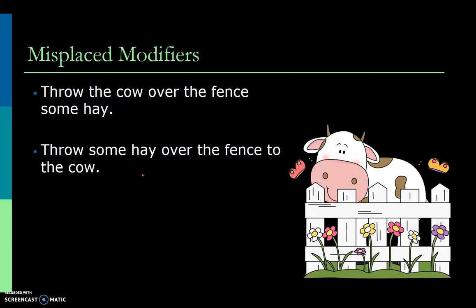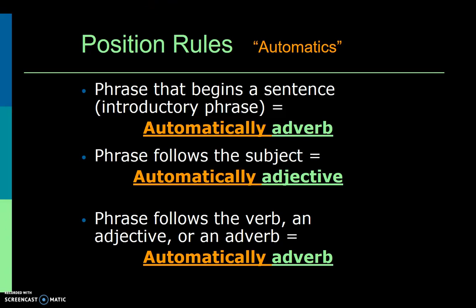Throw the cow over the fence. Some hay. No. You want to say throw some hay over the fence to the cow. So you want to make sure, because sometimes when you do put in misplaced modifiers, the sentence gets kind of funny.